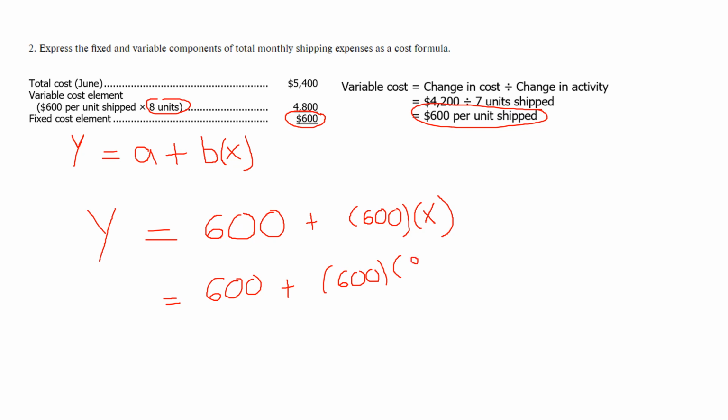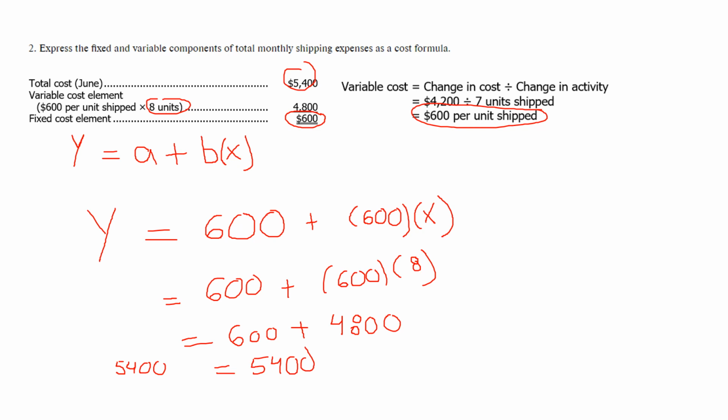So it's going to equal our 600 plus, if we multiply the 600 times our 8 units, we're going to have 4,800. And so then 600 plus our 4,800 is our 5,400. And as we know, up above, that's what we had here. So the formula does work. Our 5,400 is the correct answer.